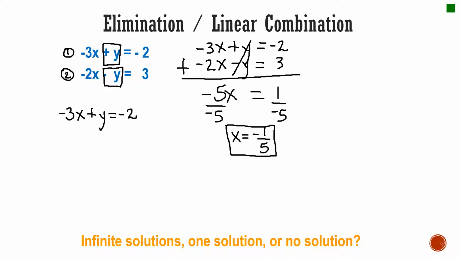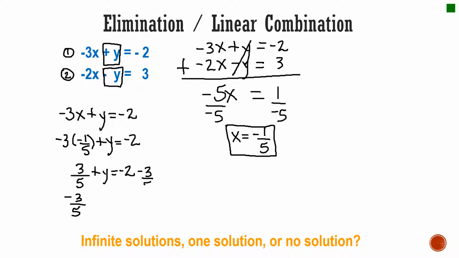I'm going to plug in my x, so I have negative 3 times negative 1/5 plus y equals negative 2. And I'm simply going to solve. A negative 3 times a negative 1/5 is a positive 3/5, plus y equals negative 2. I'm going to subtract 3/5 on each side here. It disappears from that side and I have y by itself.